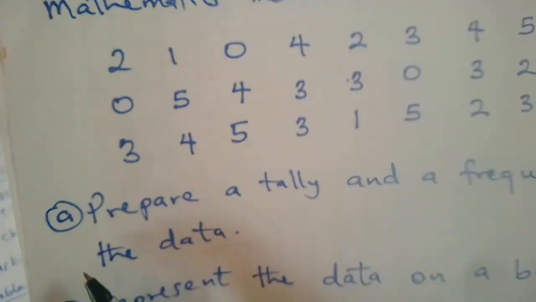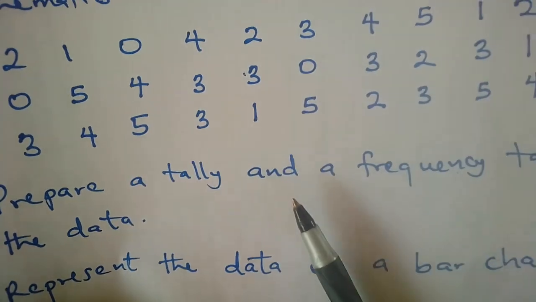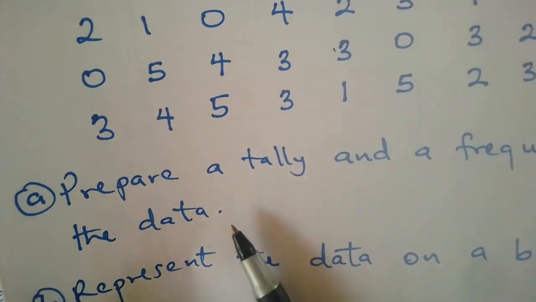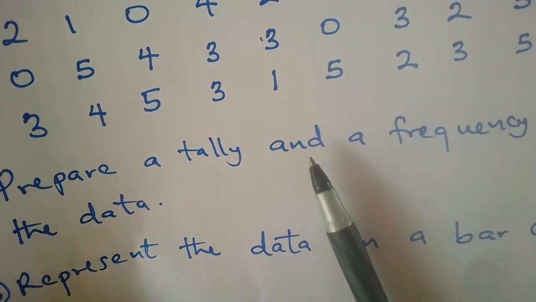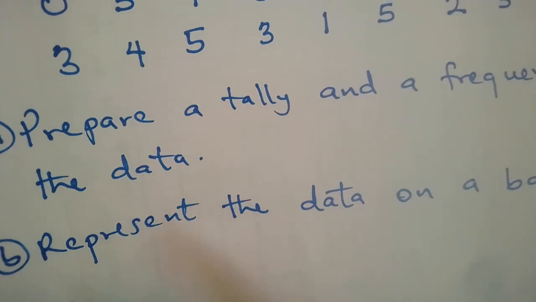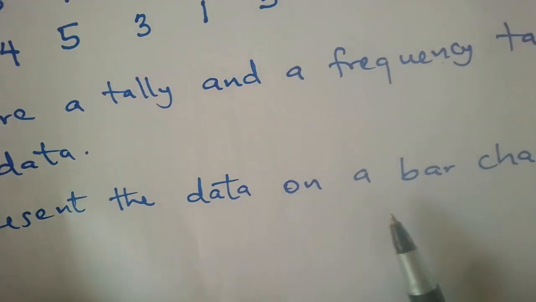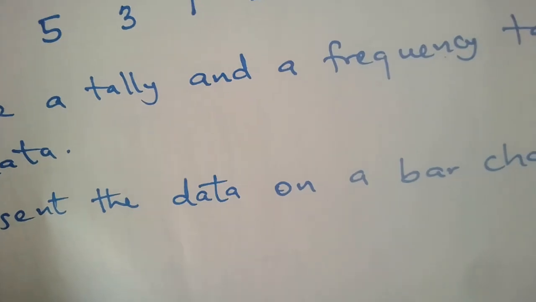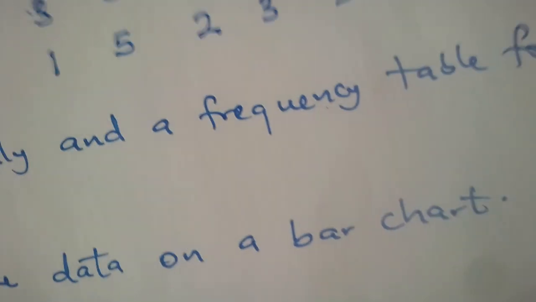Part A of the question says: prepare a tally and a frequency table for the data. Then part B: represent the data on a bar chart.